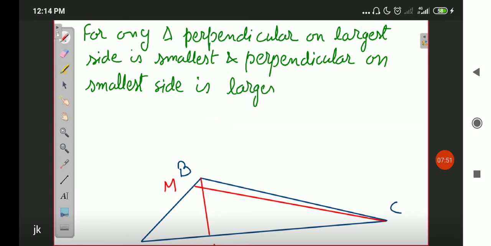The middle perpendicular would be on the side of the middle length. So we are going to use this concept to do the following two questions.